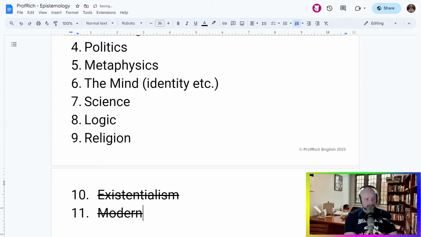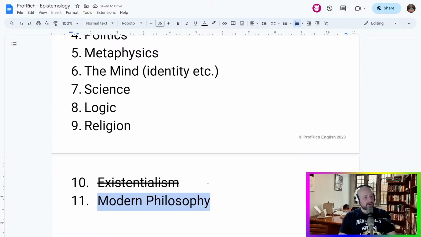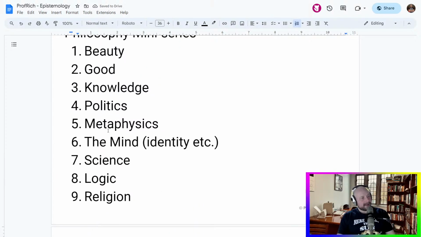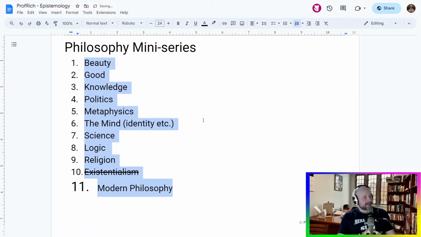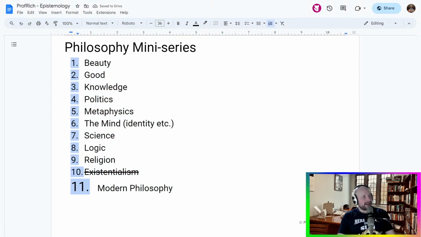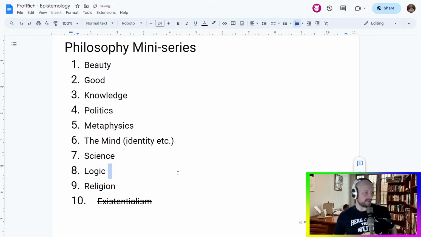And then modern philosophy. Yeah, that's more or less it. So that is basically the outline of a first year introduction to philosophy course at university or at A level.